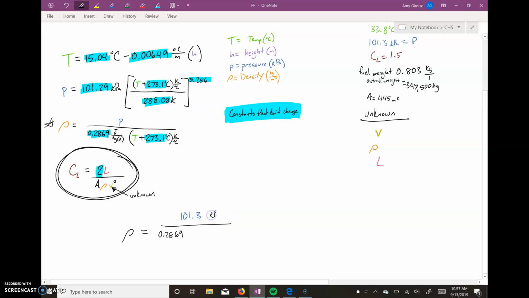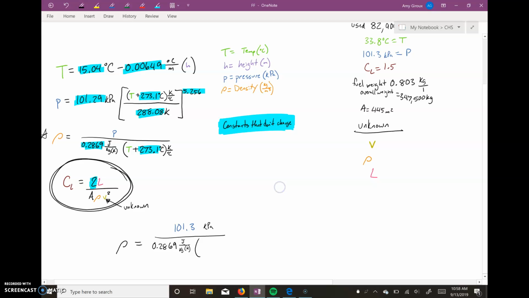We technically have our units, joules per kilogram Kelvin, times our temperature. They gave us our temperature in the question, so that's our green, since that's the same one as before. Then we add another constant, 273.1, which does not change.